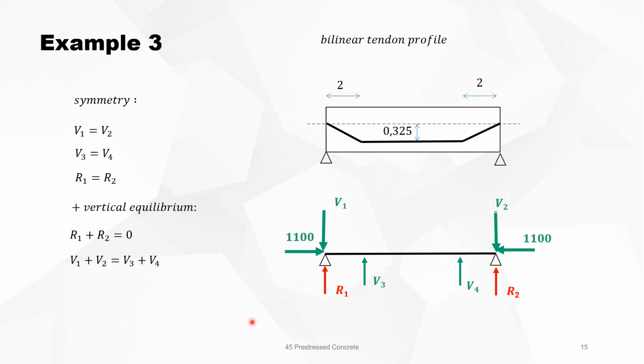So R1 plus R2 must be 0, and V1 plus V2 must be equal to V3 plus V4, and this results, of course, that the reactions are 0 and that all forces V1 up to V4 are equal and are equal to V. So this green system of forces is equal to the pre-stressing profile of this beam. So when you calculate now in the load case pre-stressing, you use the green forces.